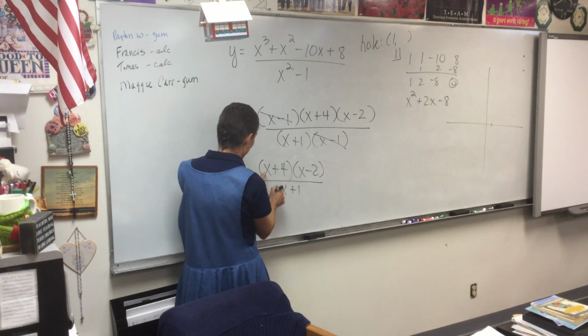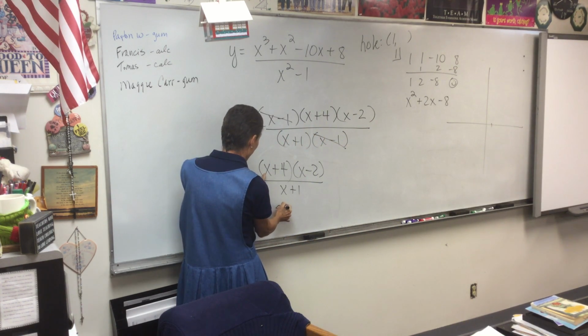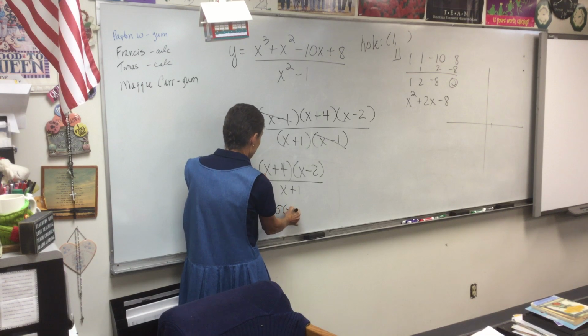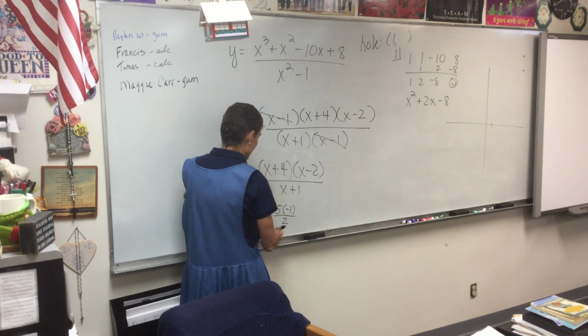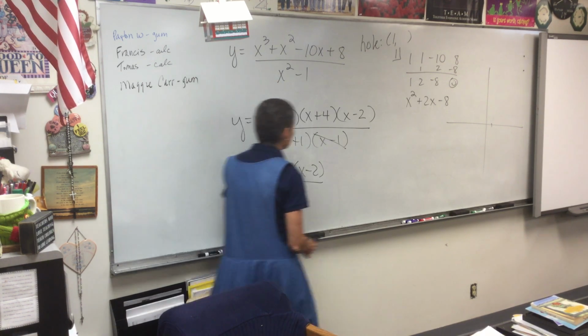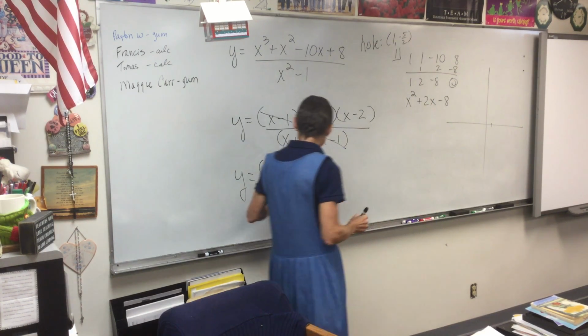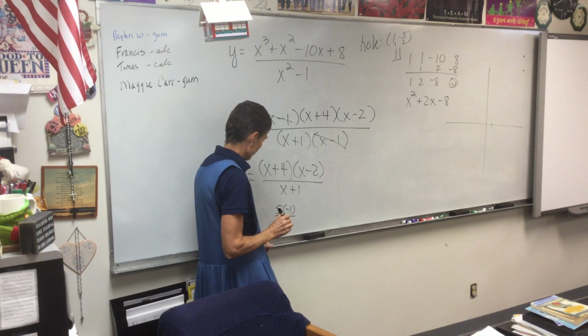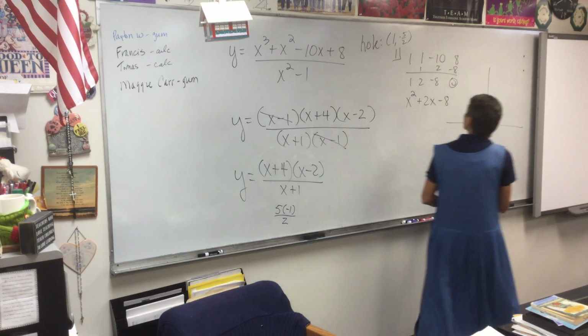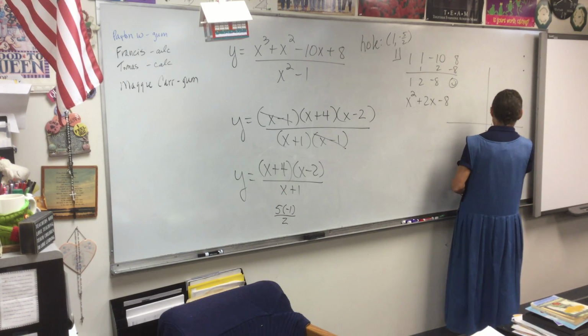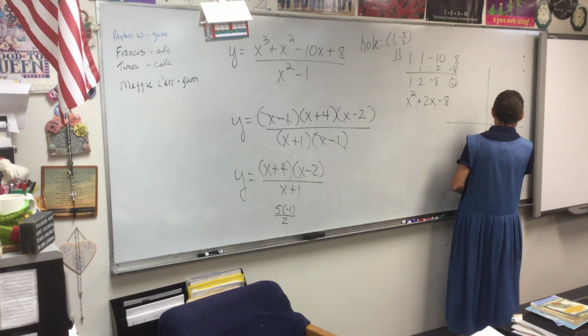And so I'm going to plug 1 in, and I'll get 5 times negative 1 over 2, negative 5 halves. Did I do that right? I put 1 in. So I'm going to have a hole at 1 comma negative 5 halves.